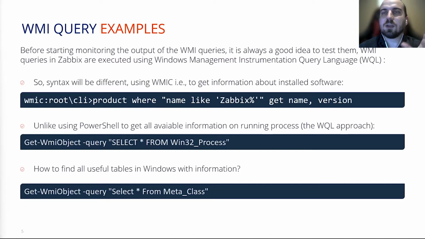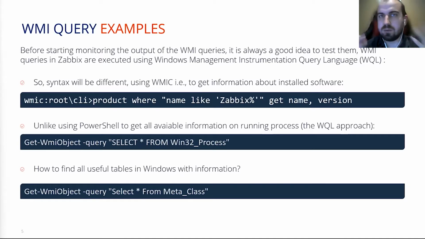If you are completely new to WMI and WQL, you can visit the Windows documentation. They have a lot of very useful examples, which you can just copy and paste and start using in Zabbix to actually monitor things. So you don't even need to know this at all.